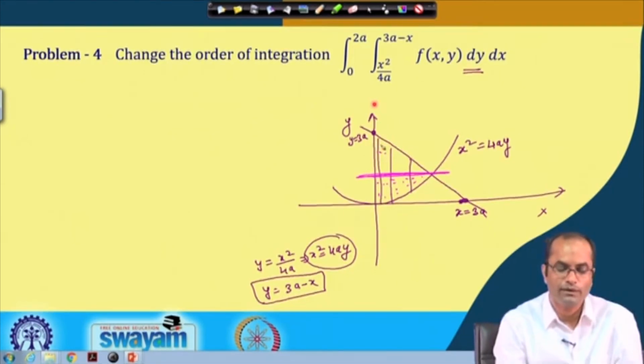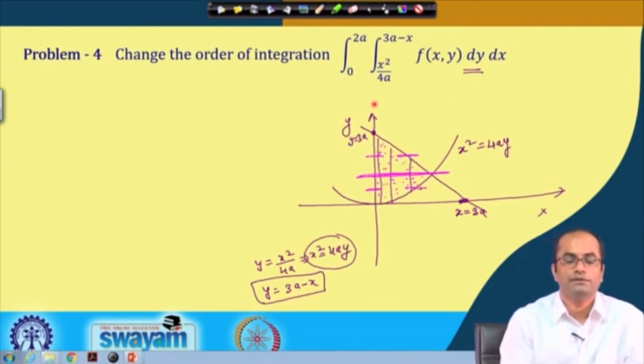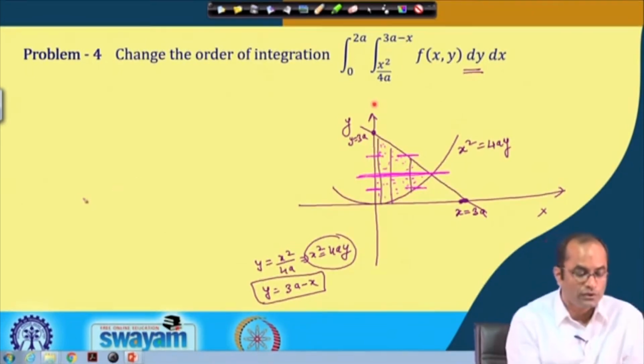In the upper part of this domain, we have the same entry point, x equal to 0, but the exit point here is the line. So, there are two different regions we have to consider if we want to change the order of integration.